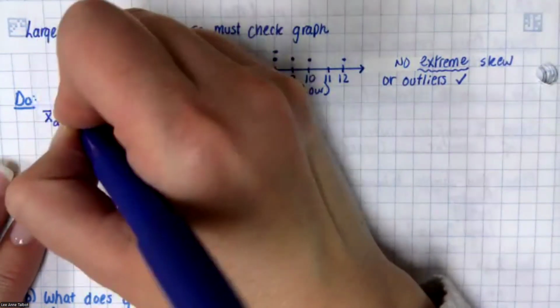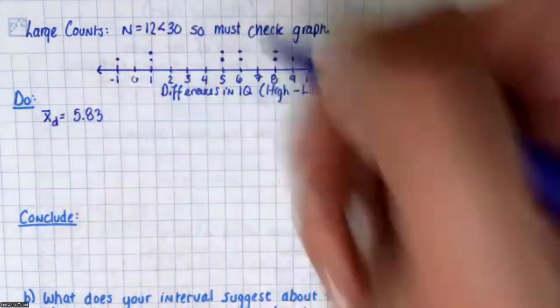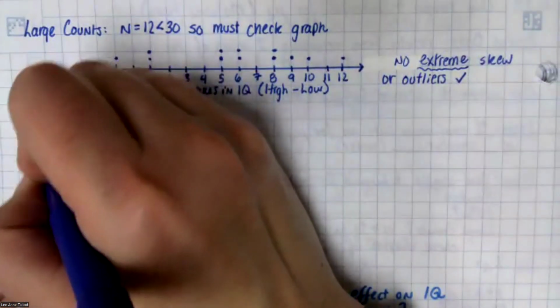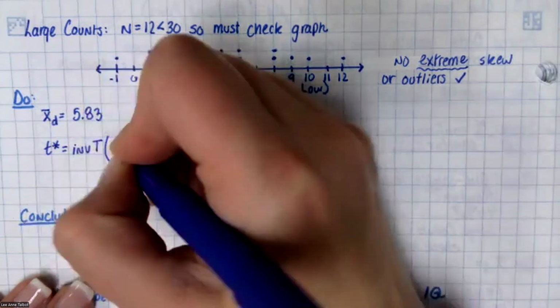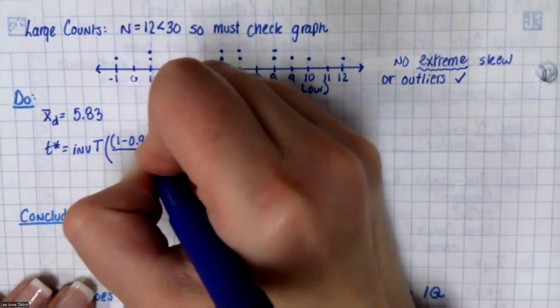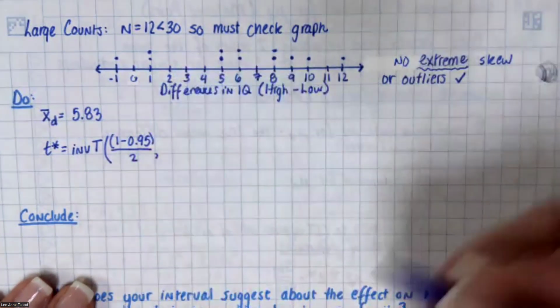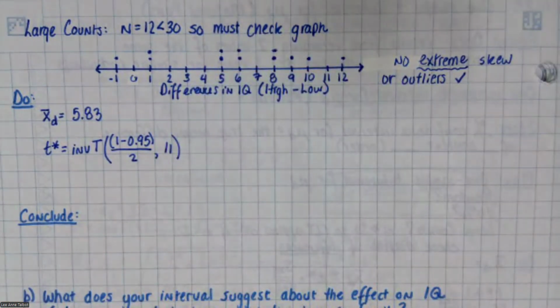X bar D, we already got that from the calculator. That was 5.83. T star. Degrees of freedom in this problem is 11. Beautiful.